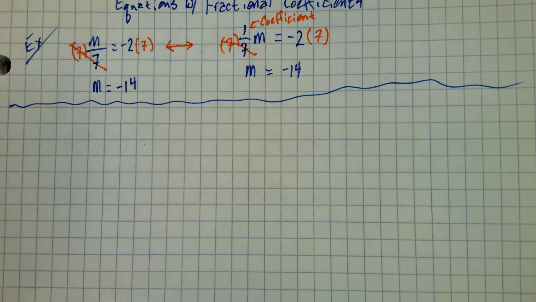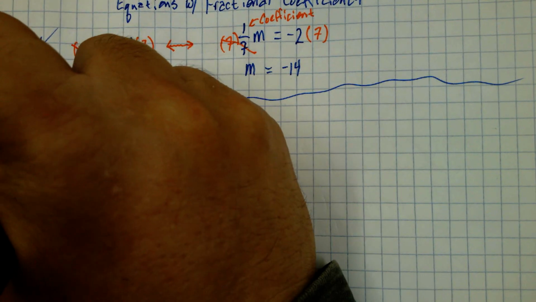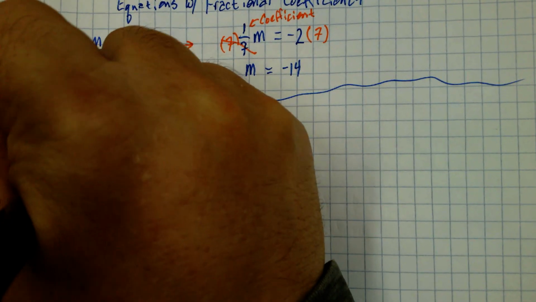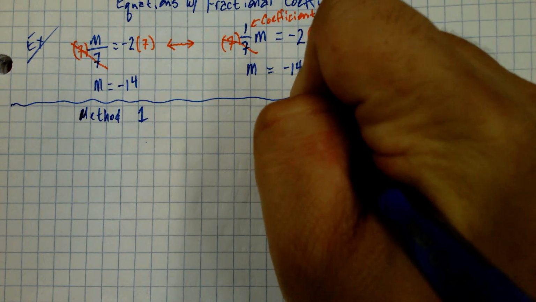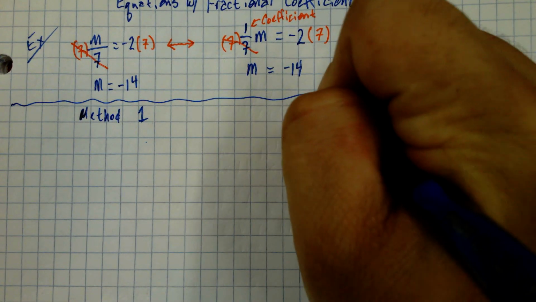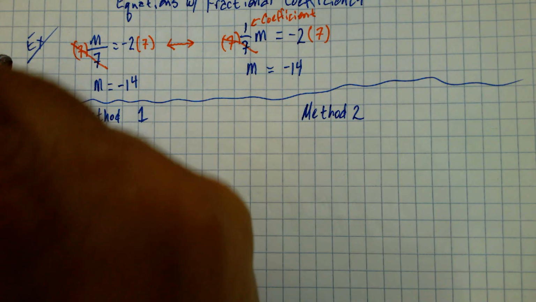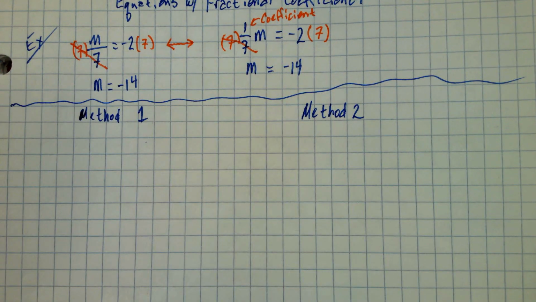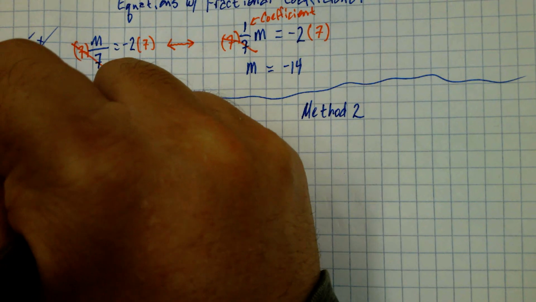And this is going to be very short notes because it's not too much to cover. So there's two methods to solve this. We'll call one method 1, the other method 2. Okay. Method 1 for the equation 2/3 times w.